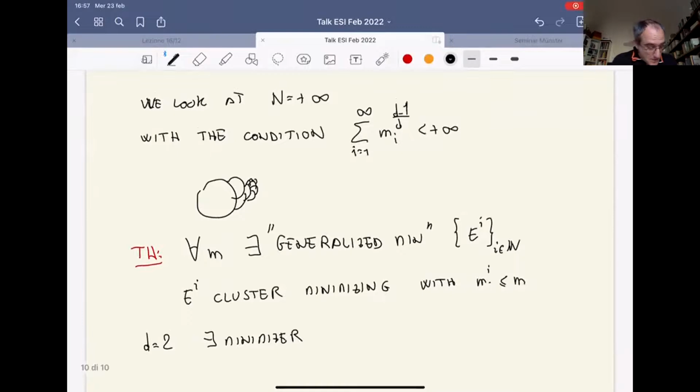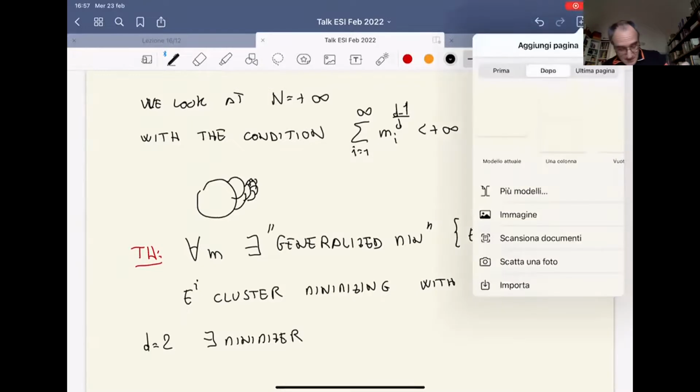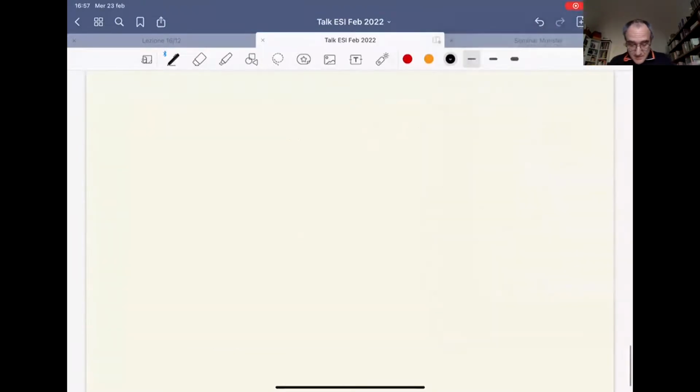And what we do not have, in general, as a remark: we don't have any regularity at the moment, so no density estimate.